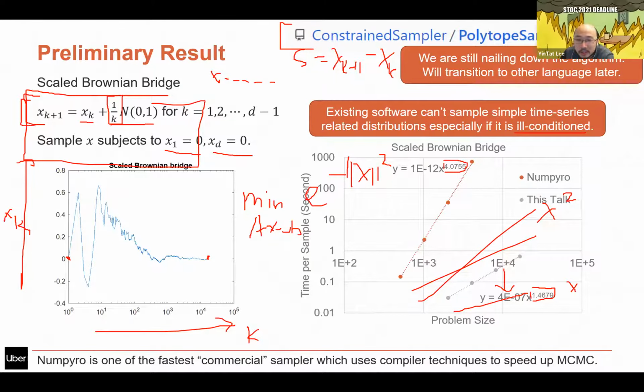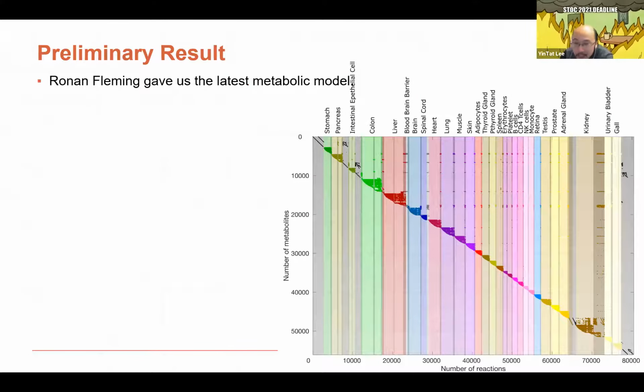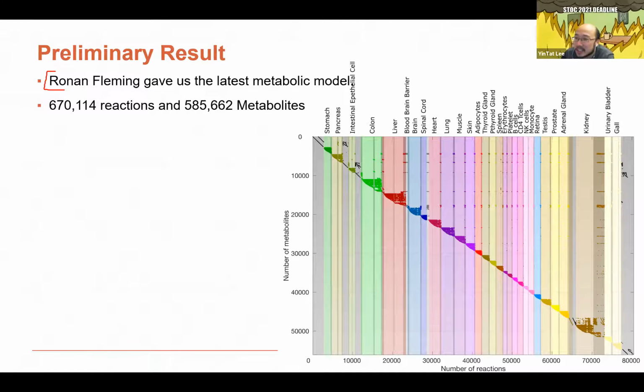So another example we tested is this one. This is how we started the project, and it gives us a model of some human. Three years ago, Roland gave us a very large model of the human, and they have a lot of chemicals and reactions.